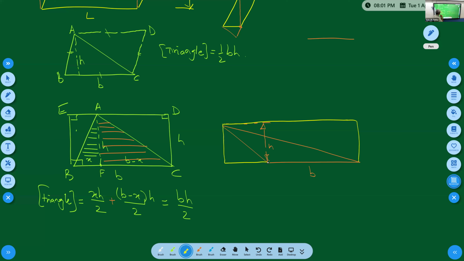Correct? Let us assume, let us make this X. So area of this, how much? X into H by 2. And area of big rectangle, B plus X into H by 2.